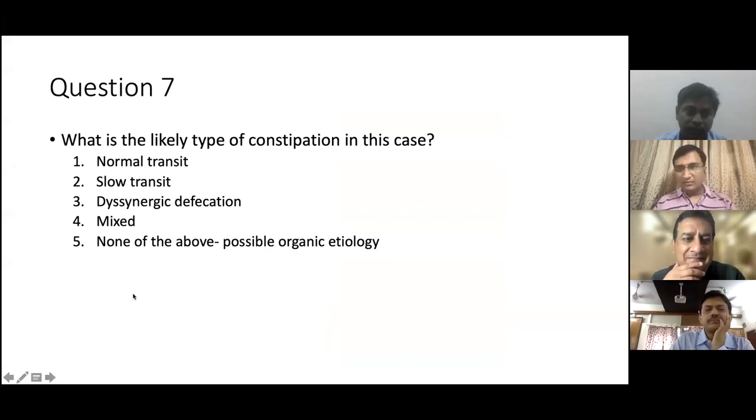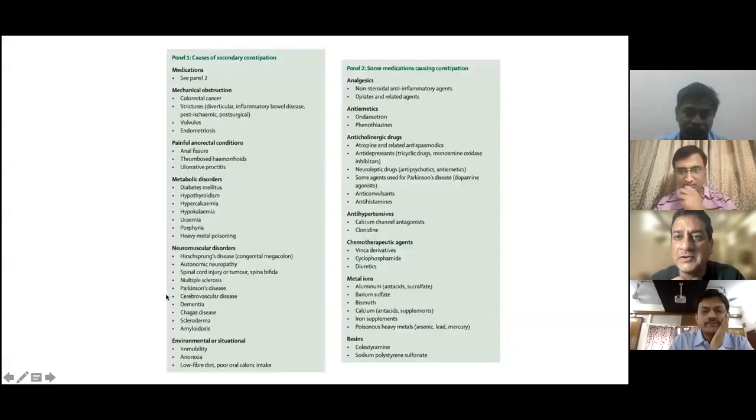Yes, sir. This is really important, to look at drugs. A drug may not be the only cause of constipation in a given individual, but the drug might be precipitating, like a second hit. There may be a transit problem, there may be a pelvic dyssynergia, but they are compensated.